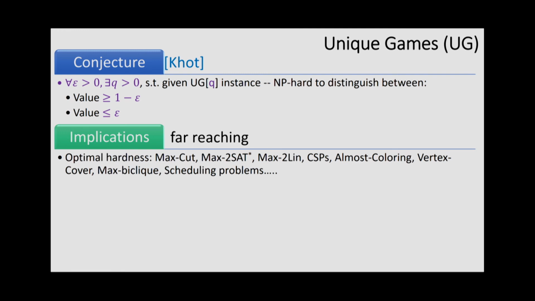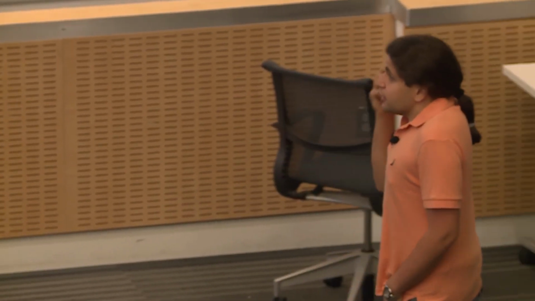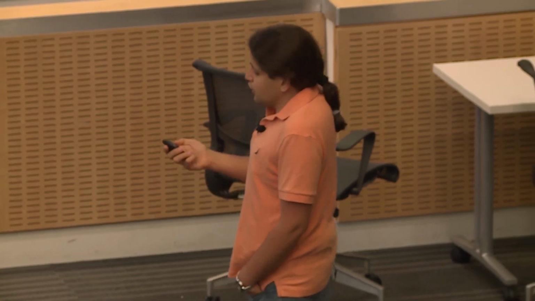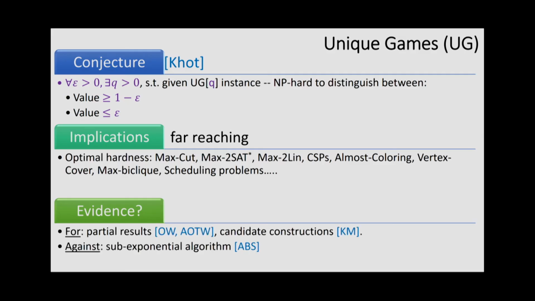But unfortunately, it's still a conjecture. We don't know how to prove it. So we try to convince ourselves, at least in one direction, hopefully not in both, whether we want to believe it or not. So what sort of evidence do we have for it?